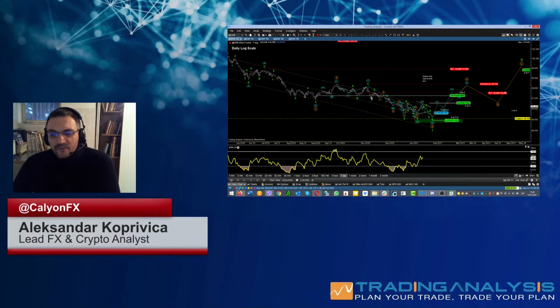We are very close to its end. If you look at these subdivisions, we are in this 5th and final wave. We are now in this wave 4 compared to this wave 2. So I'm looking for this correction either in a triangle or something more complex.